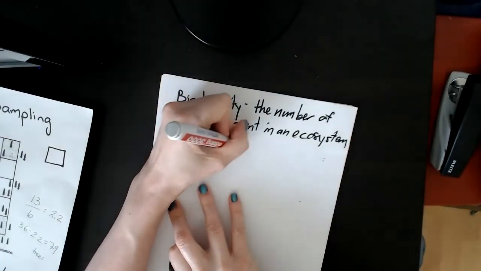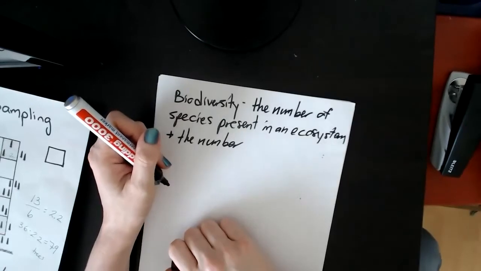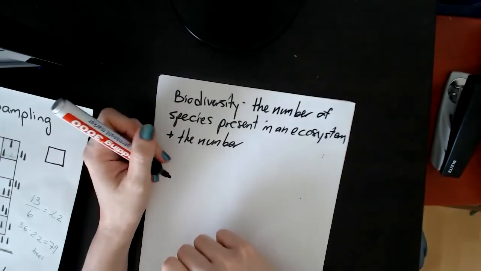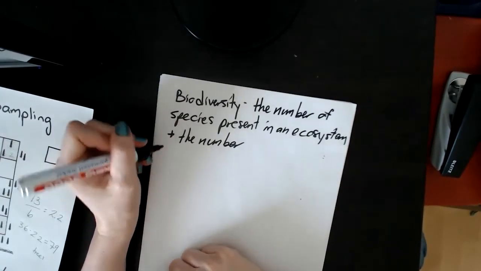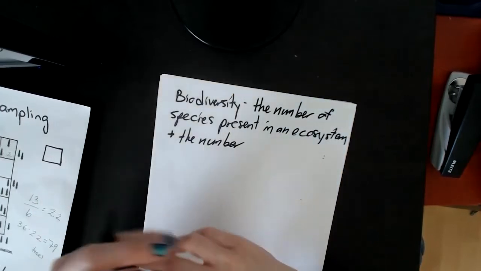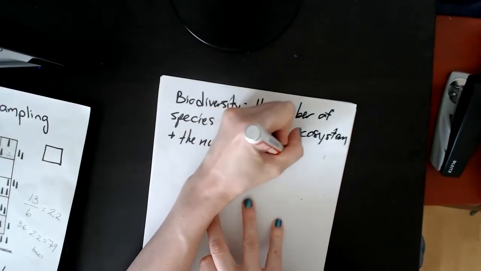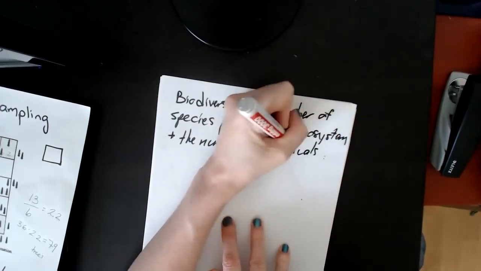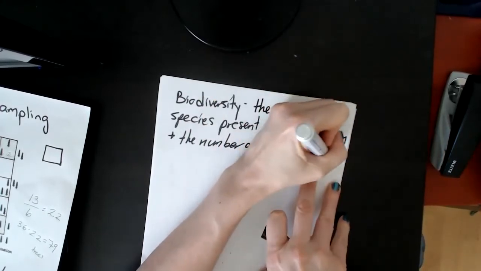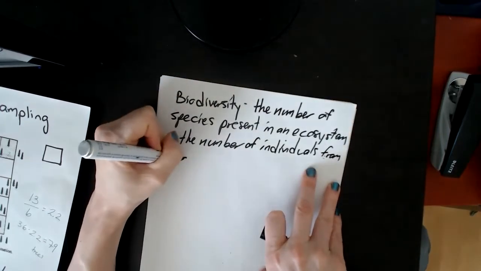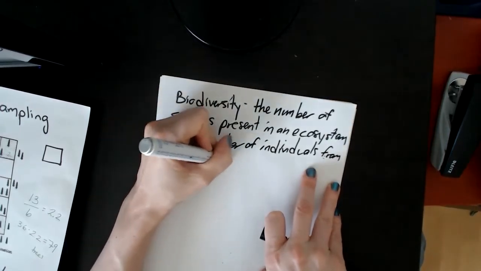This is something called species richness versus species evenness. I'm not writing those down because those are terms you meet in A level. But that's really what we're talking about: the number of species present and the number of individuals from each species. And you can actually use the quadrat to measure biodiversity.